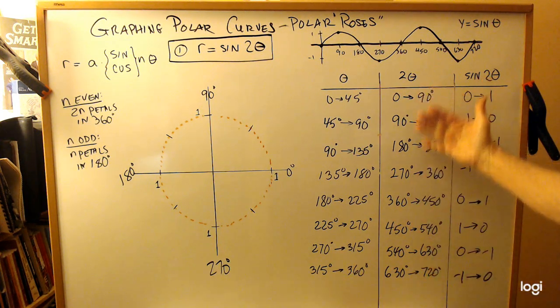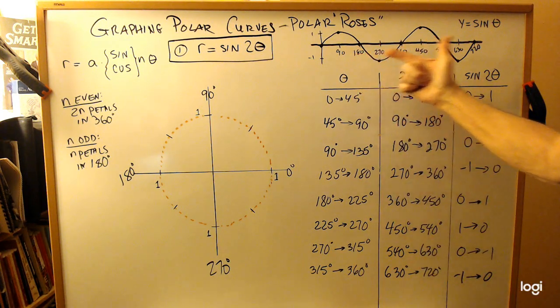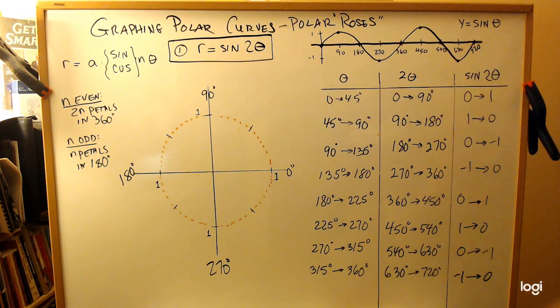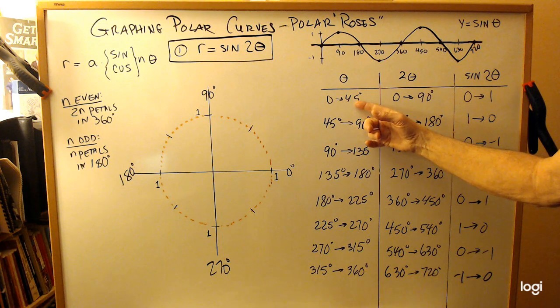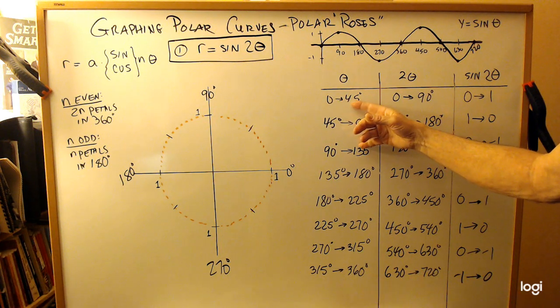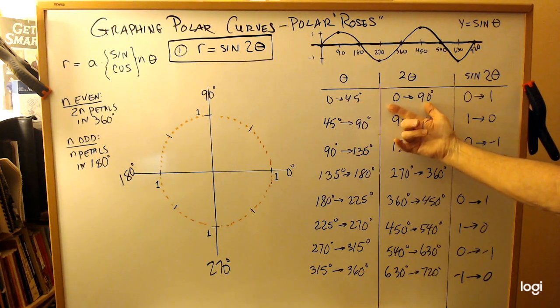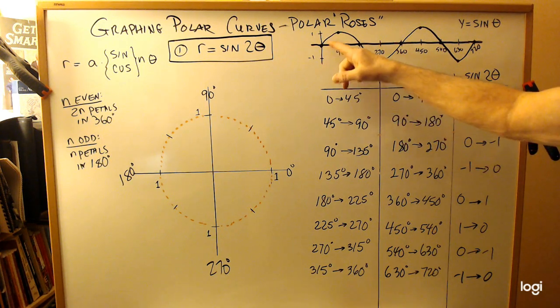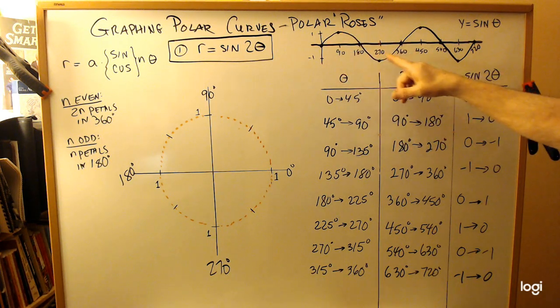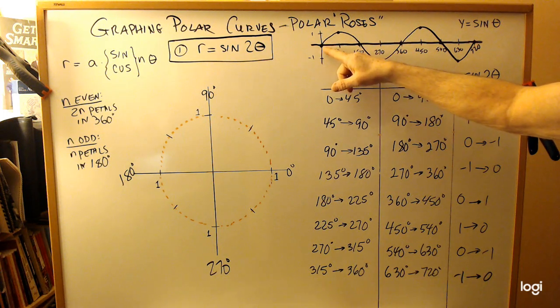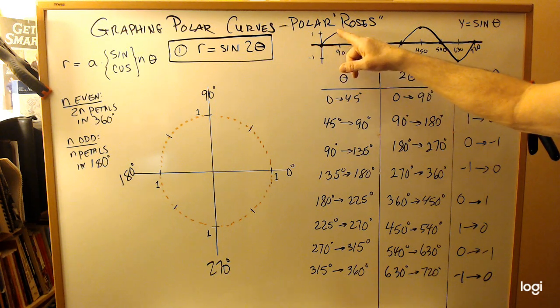And I'm going to get our result by looking at the sine curve. So in other words, from 0 to 45, if theta is increasing, then 2 theta is going from 0 to 90, and therefore, if I'm looking at my graph here, the actual sine curve goes from a height of 0 to a height of 1.